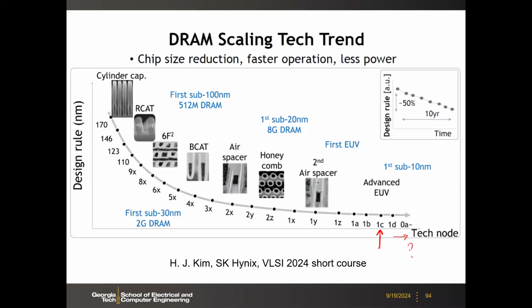That's why the industry is looking at alternative designs to enable sub-10 nanometer DRAM technology. We will talk about some of those approaches in the next few slides. Those are still under active research and development. There's no product yet, but those are the possible roadmaps moving forward.